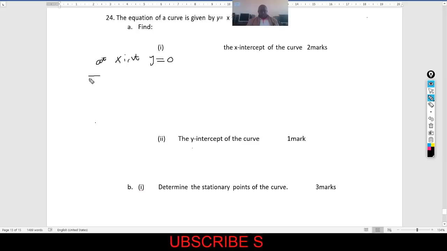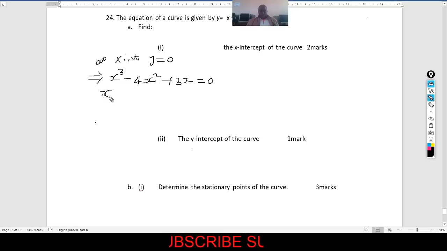So it means that all this equation will equal 0. x cubed minus 4x squared plus 3x equals 0. So here we can factor out x.